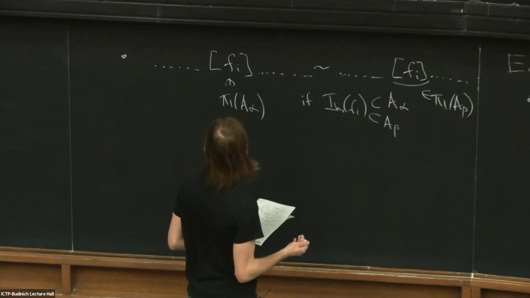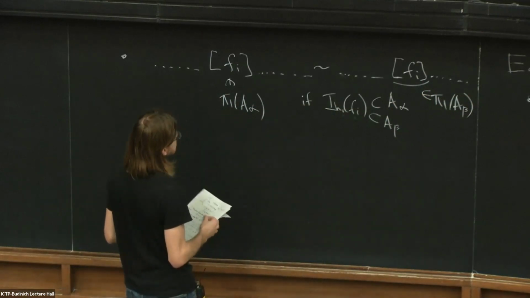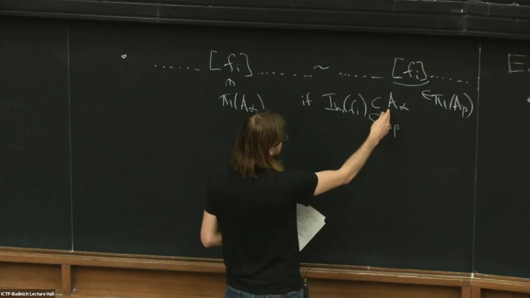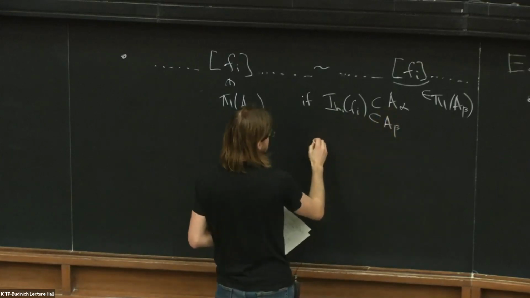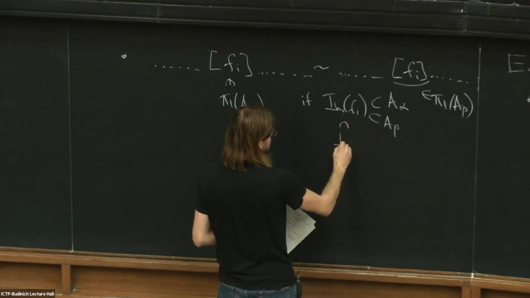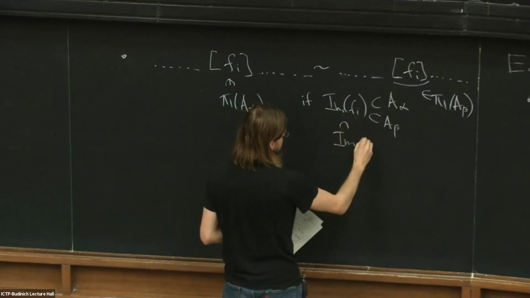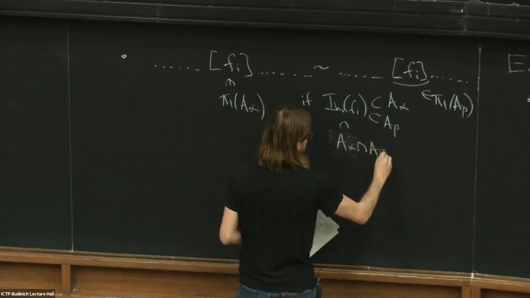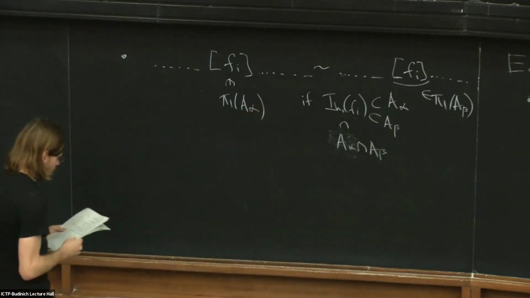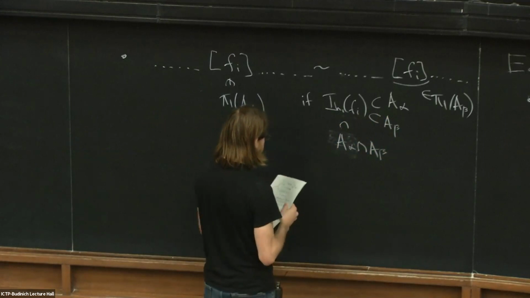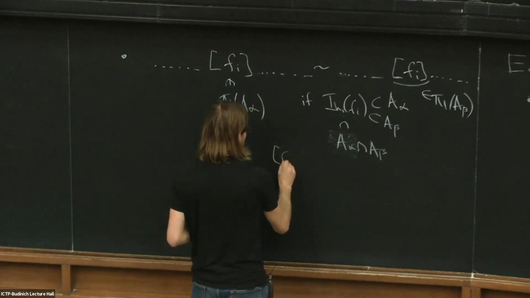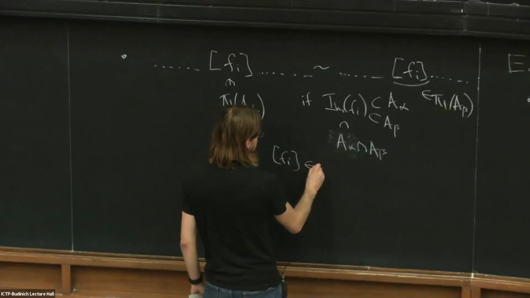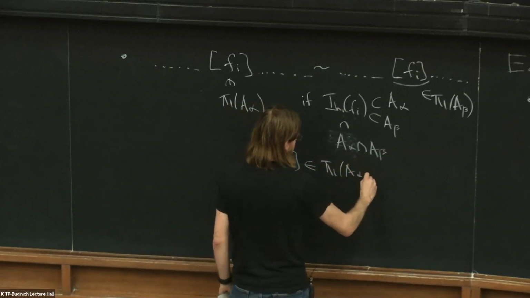And one can rewrite this relation as follows. Since the image of fi is contained both in A alpha and A beta, this means it is contained in the intersection, right? So one can also consider this class of fi as an element of pi1 of the intersection.